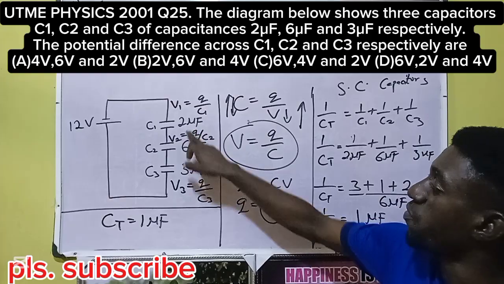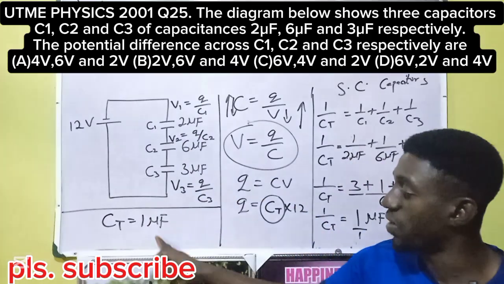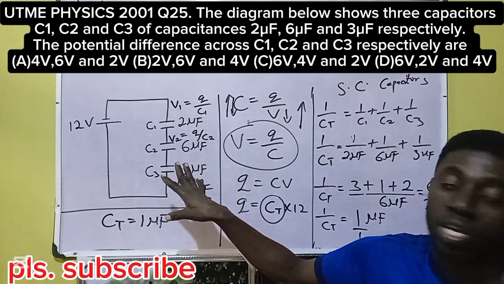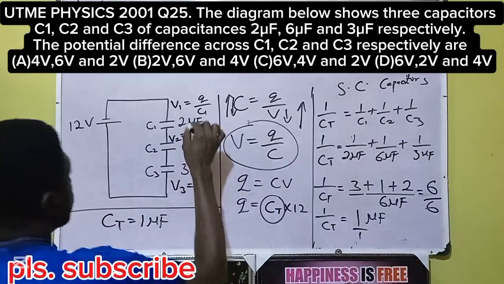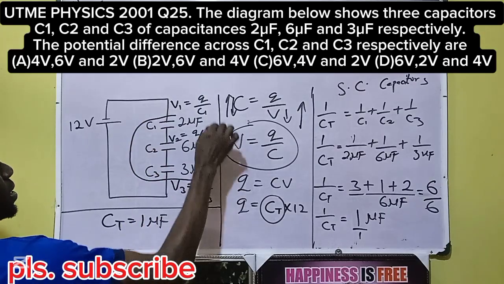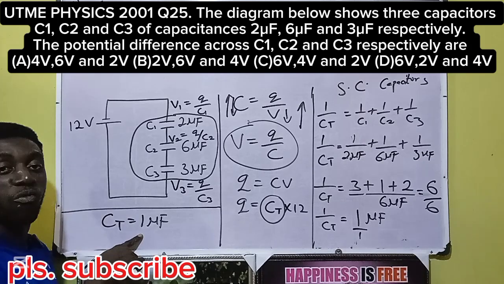Therefore, 2 microfarad, 6 microfarad, and 3 microfarad joined together will have the same effect as 1 microfarad. That means we've changed the circuit. The circuit now appears as if we have a single capacitor that has an effect of 1 microfarad.